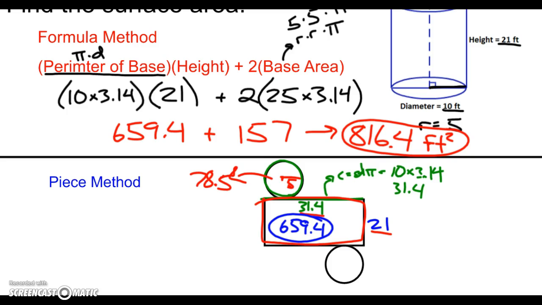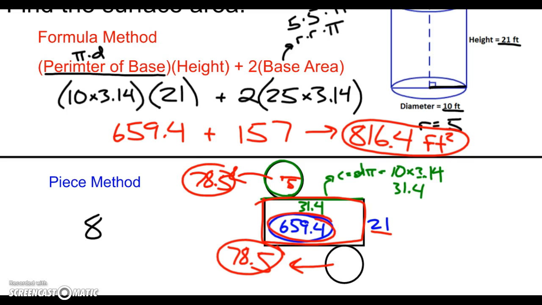That's this circle. That's also this circle. So then we just add this and this and this together, and we should get the same answer. Let's double check, and we do get 816.4. We get the same answer. And that would be square feet.